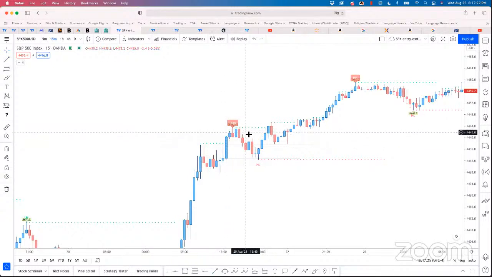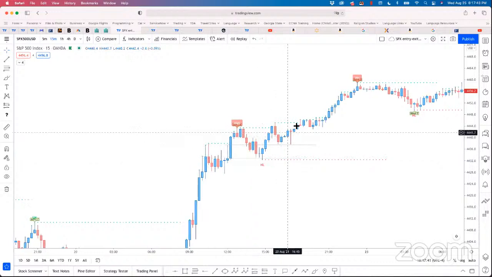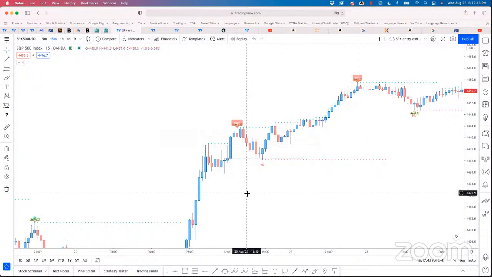Price comes down into this area and you can start looking to buy once it's inside of here. You trade all the way back down to the body, but it holds and it continues up from here. Yeah, that's a good example.